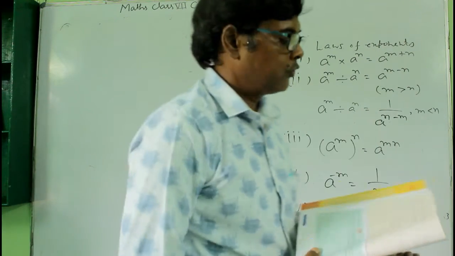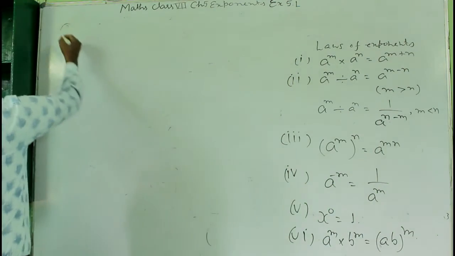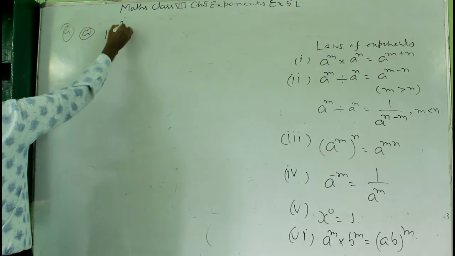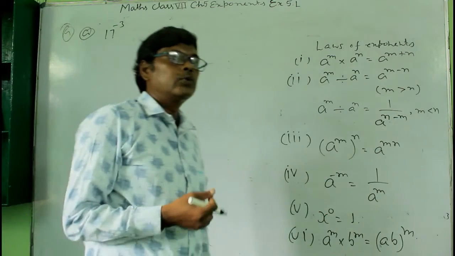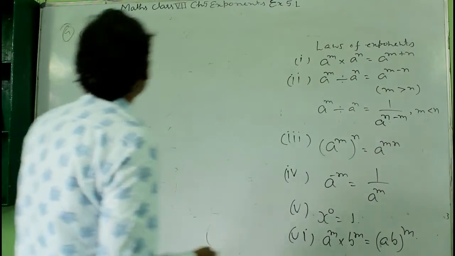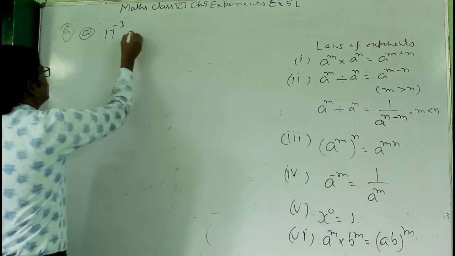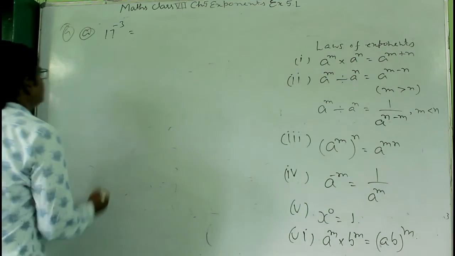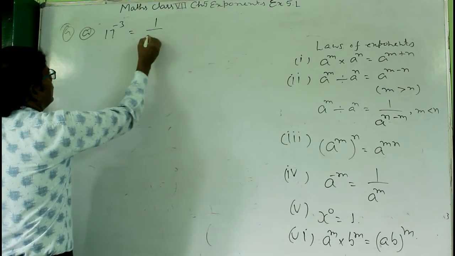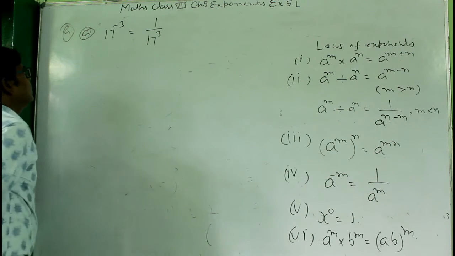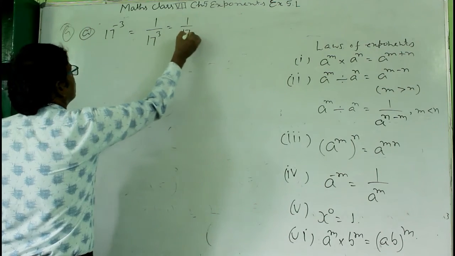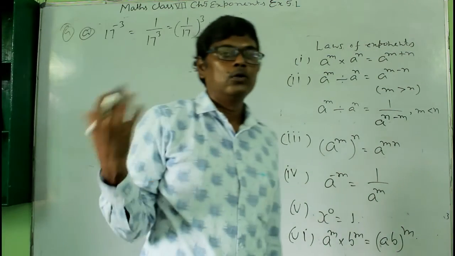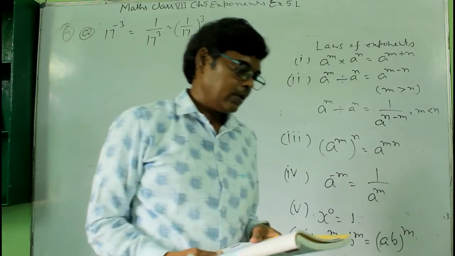In question A, you have 17 to the power minus 3. Here the exponent is negative and we have to make it positive, so use this formula. It will be equal to 1 by 17 to the power 3. The exponent becomes positive here, because 1 to the power 3 will remain 1. That is why we can write this as 1 by 17 to the power 3.